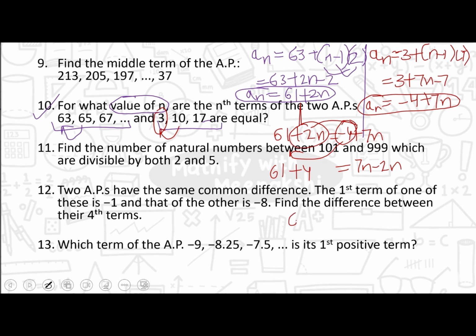So from here you can write 65 is equal to 5n. Now when you transpose 5 to that side, it becomes 65 by 5, that is 13. So you can say that for the 13th term the nth term of both the APs is the same. That means A13 of both the APs are the same.